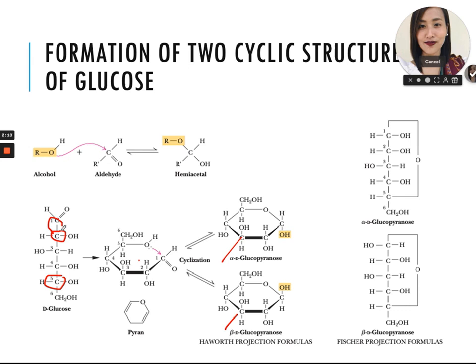In an aqueous solution, the alpha and beta anomers, you can see here, interconvert through a process called mutarotation.